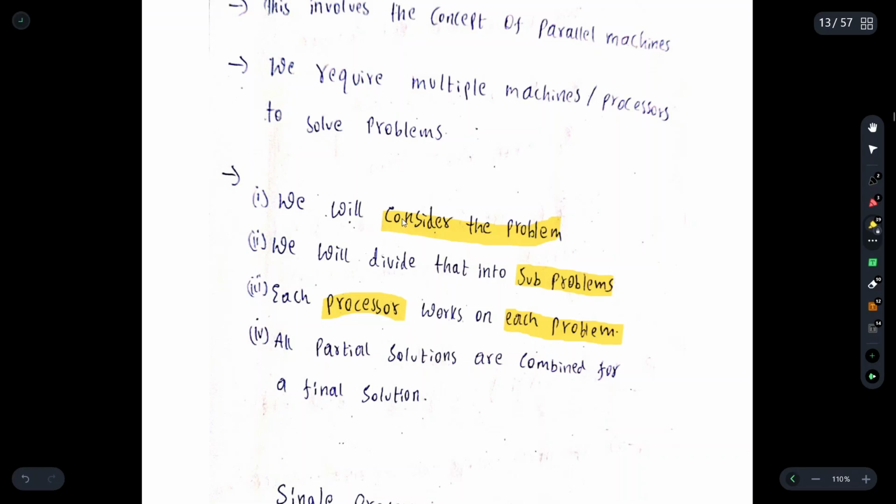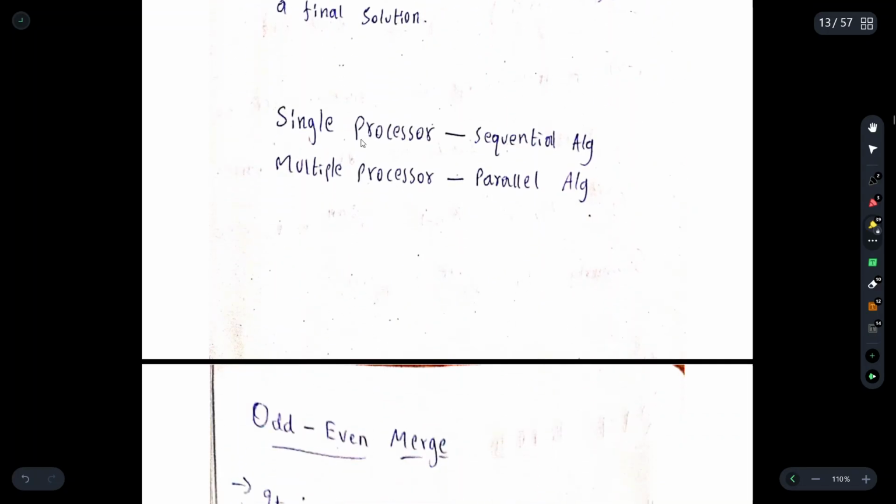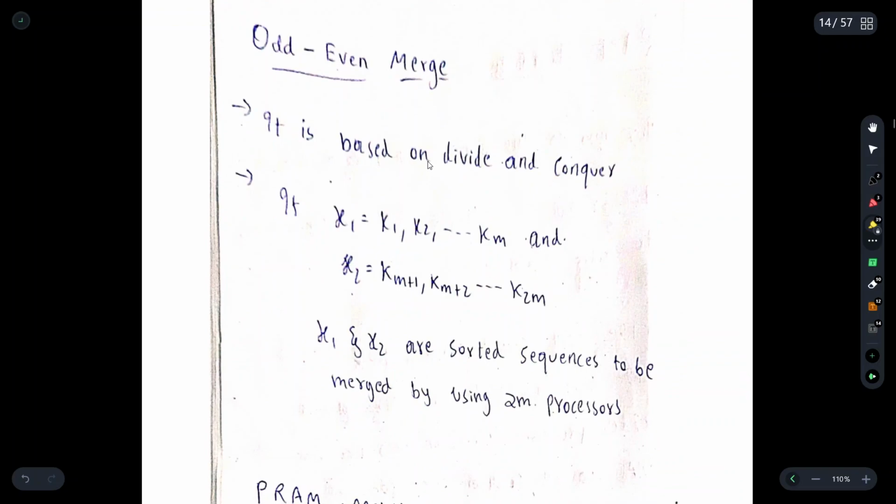In this way the solution is completed in less time with more machines. A single processor means a sequential algorithm, like bubble sort, whereas a parallel algorithm works with different machines, combining partial solutions. We can consider odd-even merge as an example, which is based upon divide and conquer.